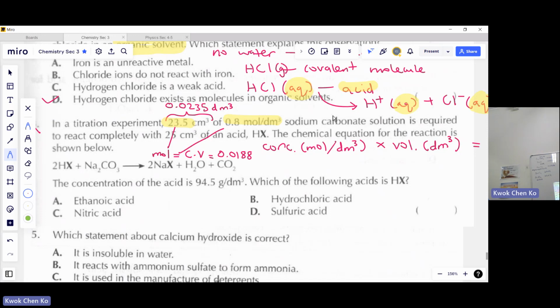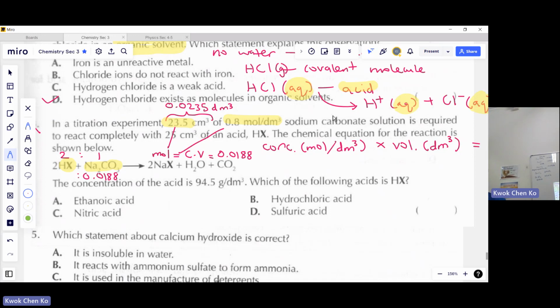By the way, this one is quite difficult. All right, then what else? That means I have 0.0188 moles of sodium carbonate. But how much HX do I need?